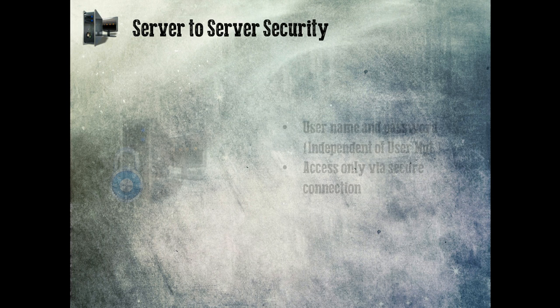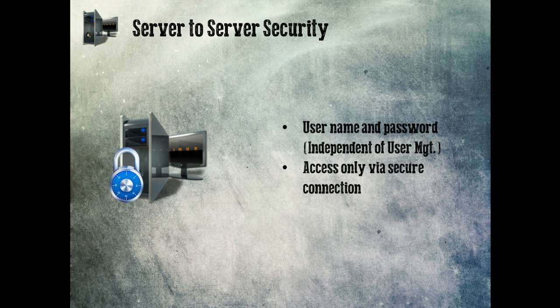So the next one is a little different from the rest of the access layers we've looked at. When one RapidFTR server is accessing another RapidFTR server during a server-to-server sync, the way they do this is via a different layer of security.